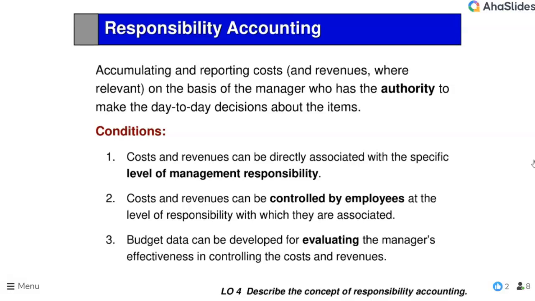And the idea here is that we can take all the costs in a company and trace those costs to the person who is responsible for managing those costs. So we're looking at costs and revenues that are specifically related to your level of management responsibility. That means you have control over them, all right? And we use this to evaluate how well you're controlling them.